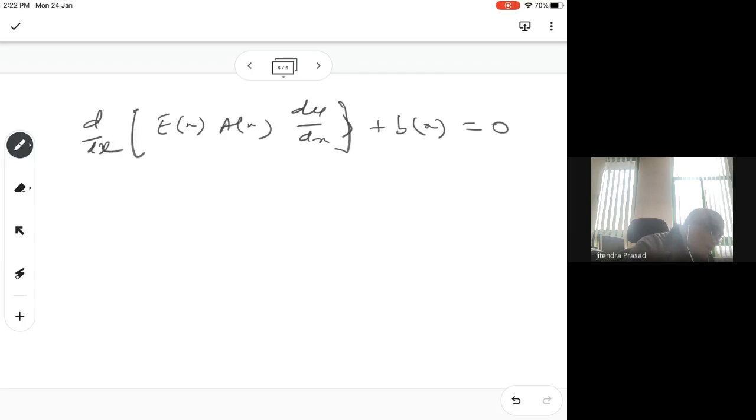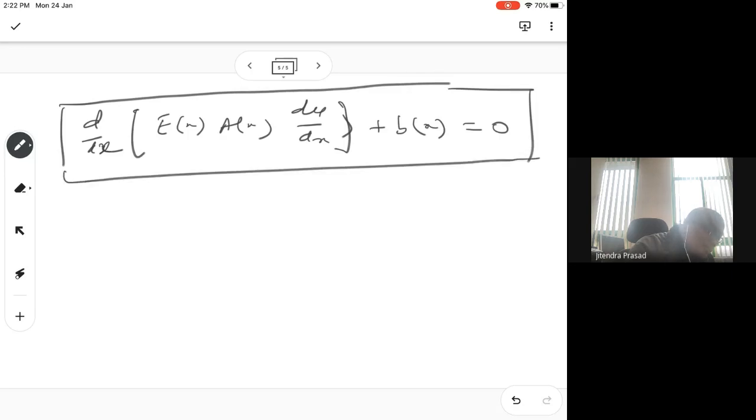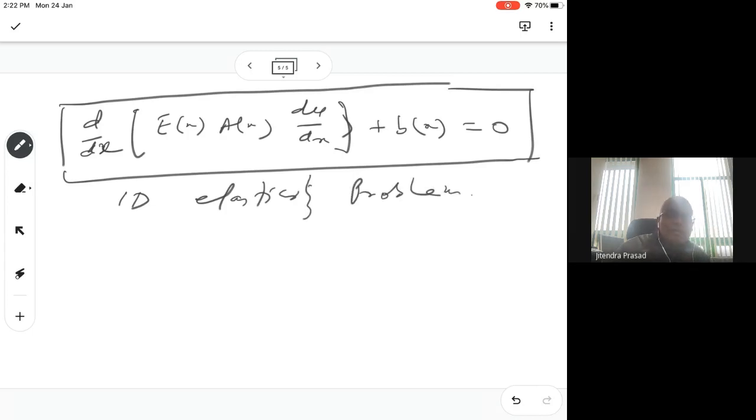So this is what is known as the 1D elasticity problem. Now you have this differential equation, and now you can solve it. Only thing is you need more, which we call boundary conditions.